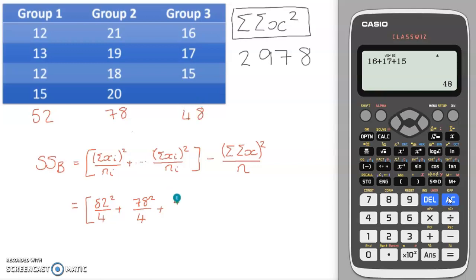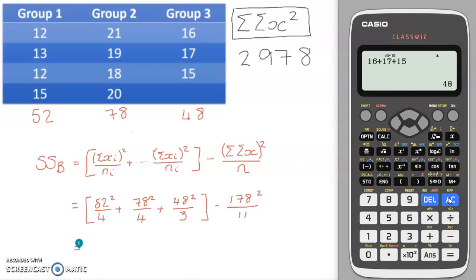So that's going to be 48 squared, but this time that's going to be over 3, because there's only 3 numbers. Then just remembering from our previous calculation, this here is going to be 178 squared, because that's what all of those 11 numbers add up to, divided by 11.